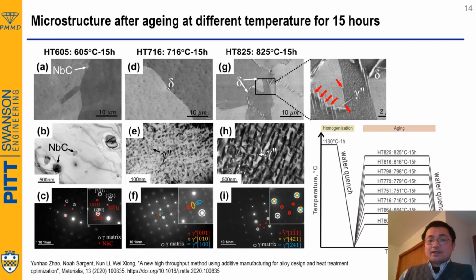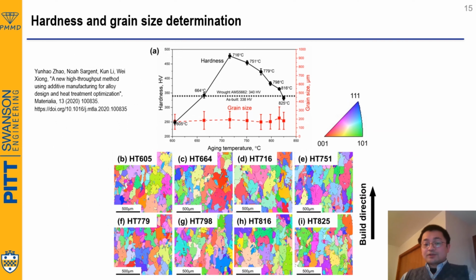We find at high temperature you have the delta phase coexisting with gamma double prime. At 716, you do have the precipitation of gamma double prime as the major strengthening phase. And of course, you can check the grain size as well, and you can also validate the strength through the hardness.